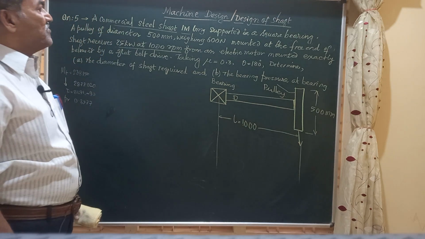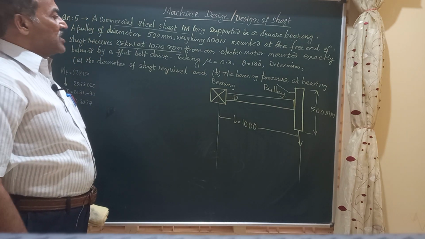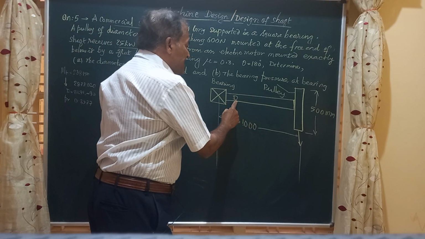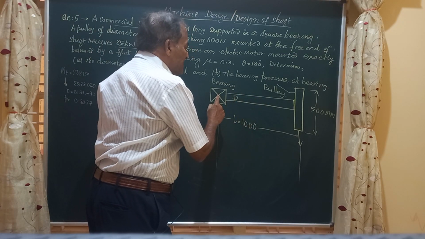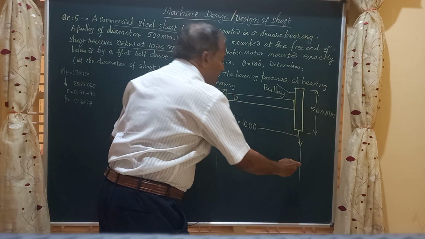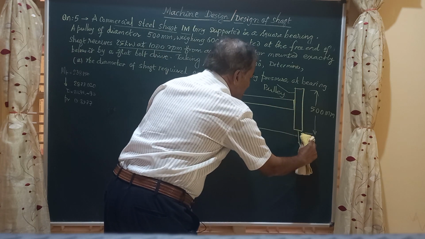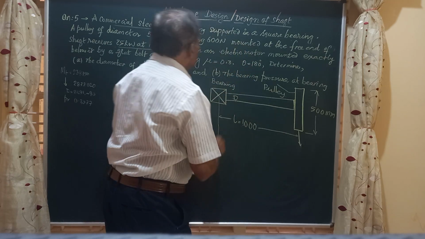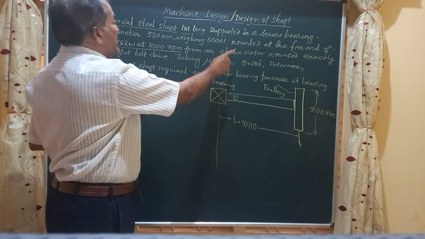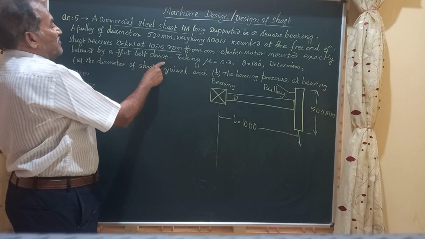Now friends, we have to see what are the loads coming on this. The shaft of diameter d supported in the bearing here at the left end is carrying this pulley, and this pulley is receiving this amount of power by means of a flat belt drive.